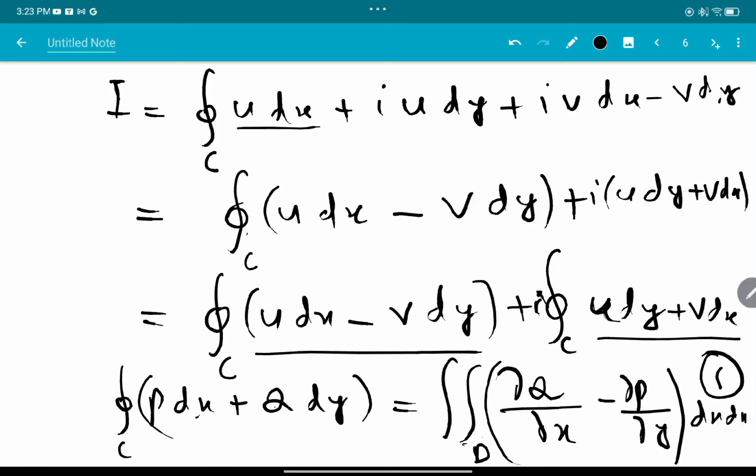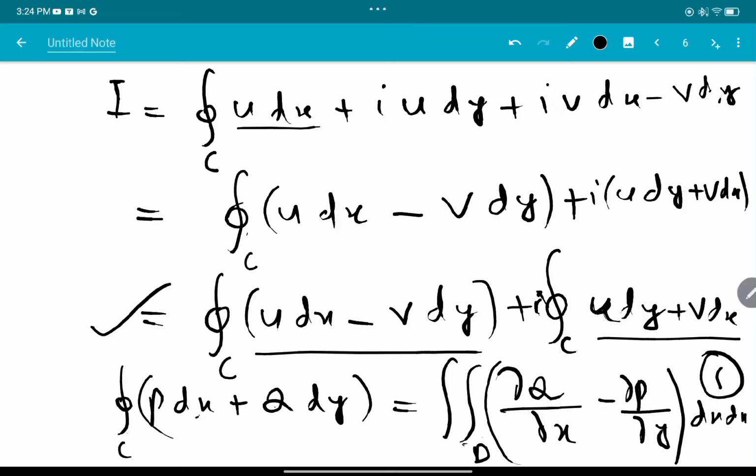I will write these two results on my paper, and after writing them, I will go on. The first result is I equal to the integral over C of u dx minus v dy, plus i times the integral over C of u dy plus v dx.